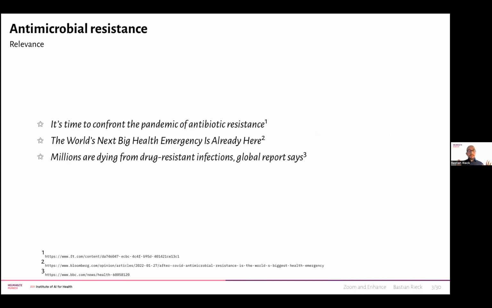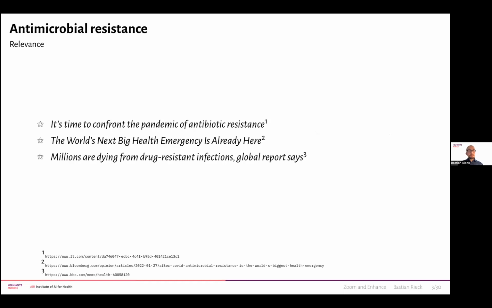Now, antimicrobial resistance has been a problematic topic for a while now. Of course, we all have seen the effects of the ongoing pandemic, and the pandemic is something completely different. This has nothing to do with antimicrobial resistance necessarily, but antimicrobial resistance lurks a little bit behind that pandemic now.